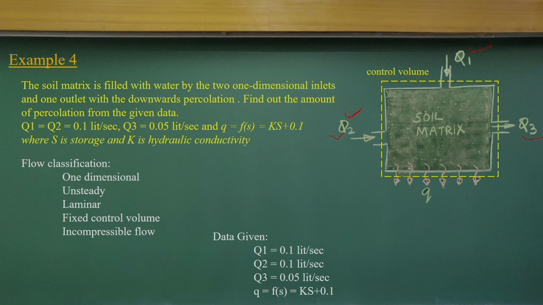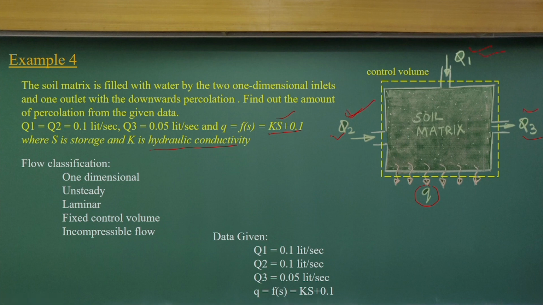At the bottom there is percolation, or seepage, where water is coming out of the soil matrix, as the porous space of the soil holds water, and that comes out as seepage water. Here q is a function of the storage within the soil matrix, and K is a constant of proportionality, which we can call hydraulic conductivity. So Q1 is given for this study, Q2 is given, Q3 is given.